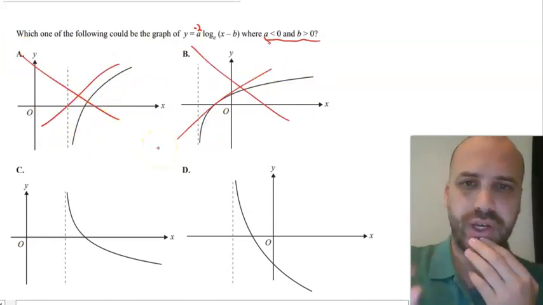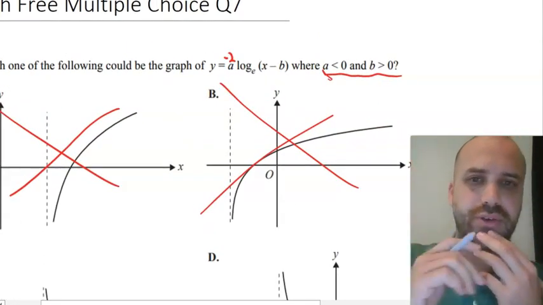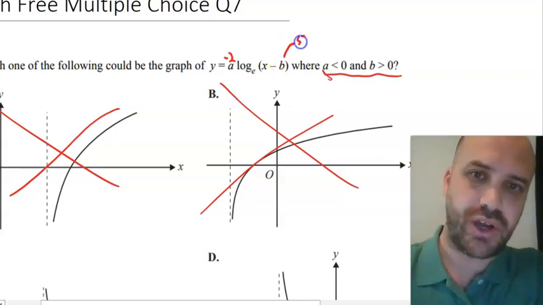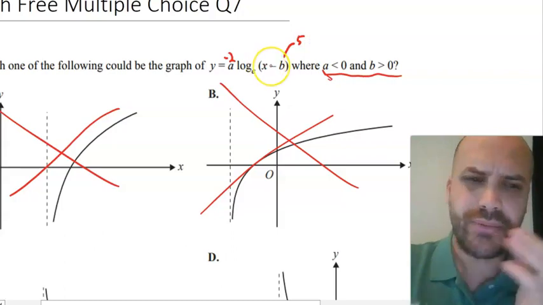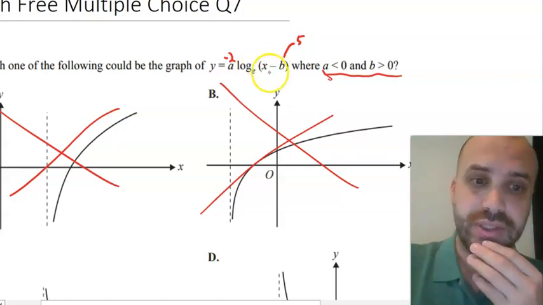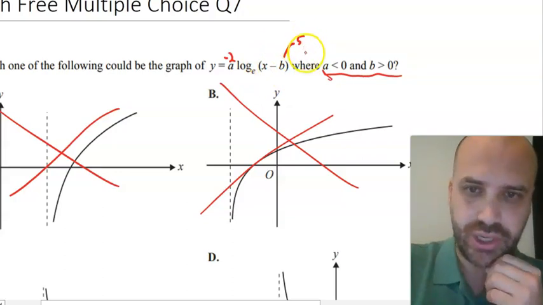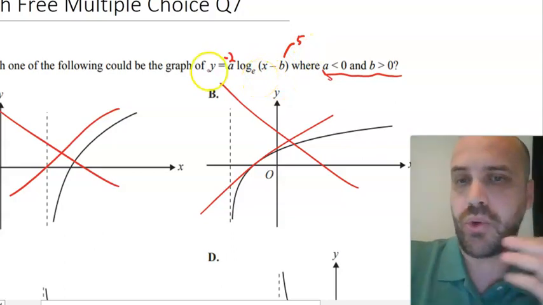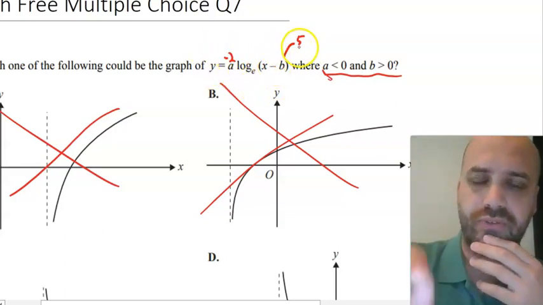Alright, and finally we go to this b. b is greater than 0. So let's say b is equal to 5, right? Greater than 0. That means that this still says x minus positive 5. So this whole equation now is y equals -2 log base e (x minus 5).